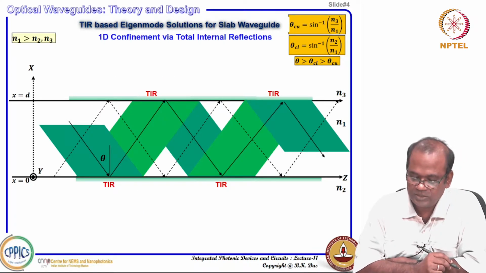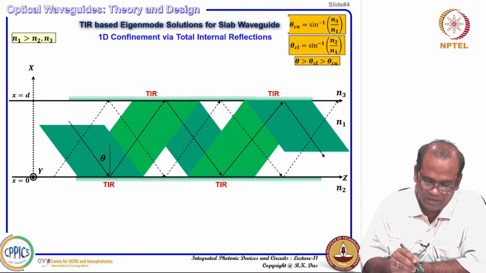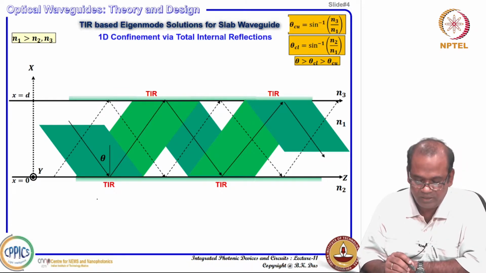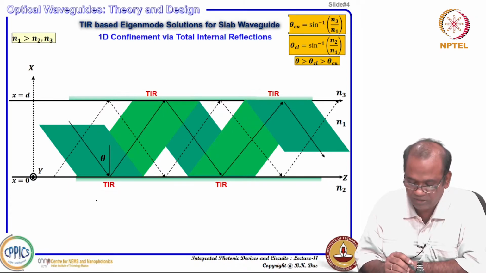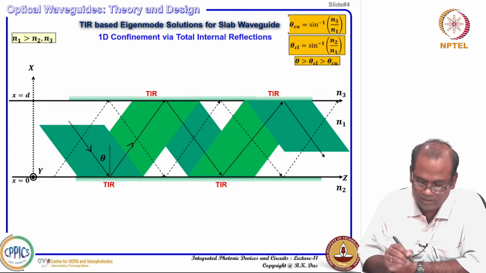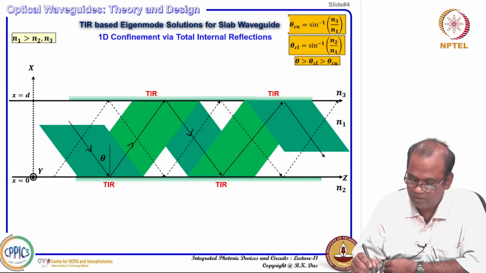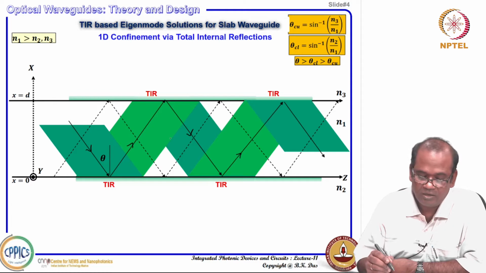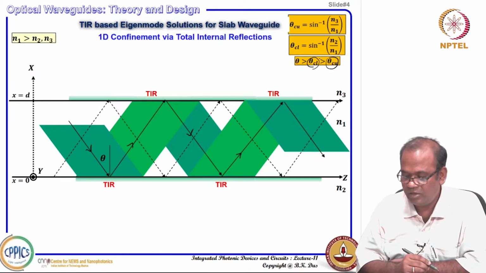Okay. So, this is the picture we have shown, where a parallel beam is coming, as we have already discussed during the understanding of total internal reflection. So, a ray, a planar wave, is coming and going in this direction, and total internal reflection can happen. This theta you can consider to be greater than the critical angle for the lower interface, and also greater than the critical angle for the upper interface.